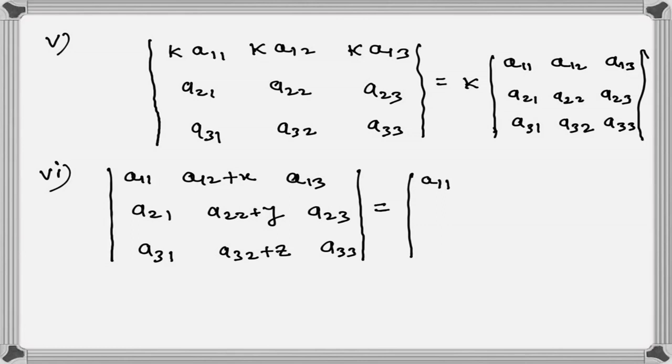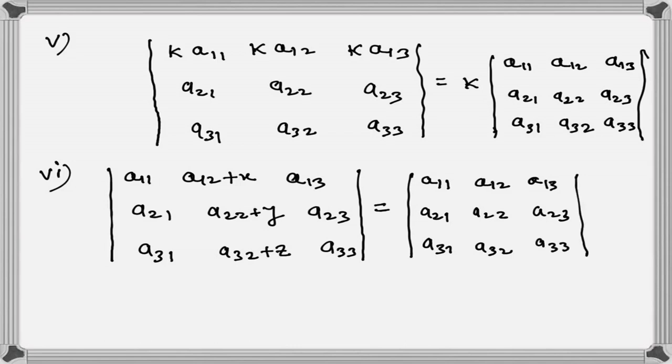First one is a11, a21, a31, a12, a22, a32, a13, a23, a33. This is the first one.